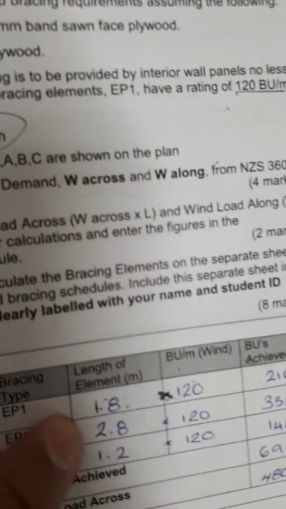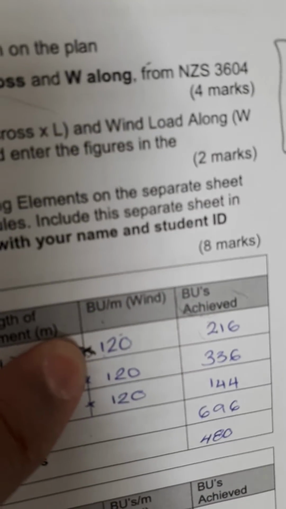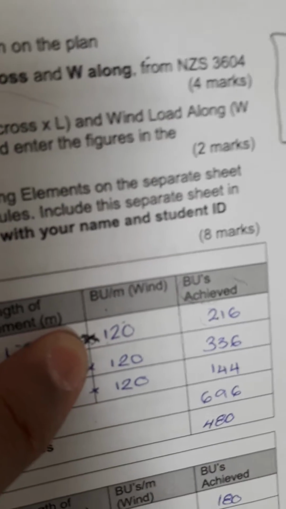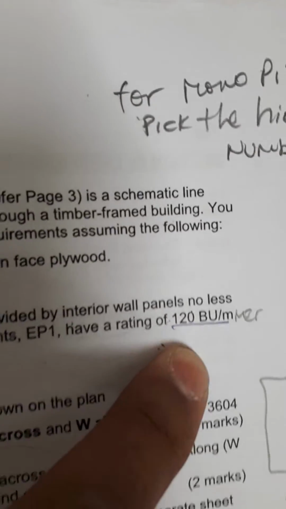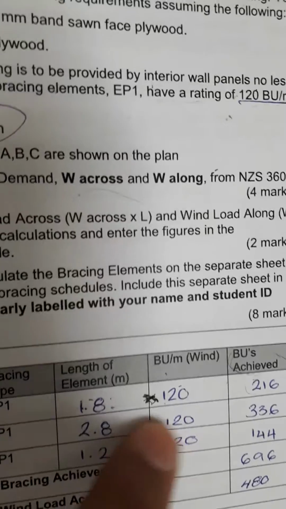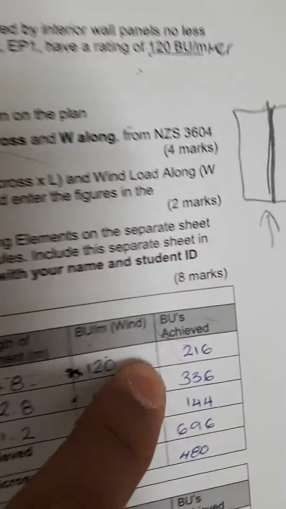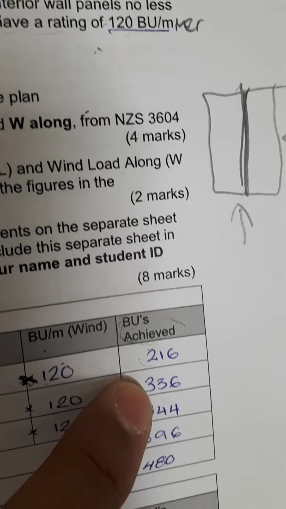We have to put that on there, and then the bracing units per meter is 120, which has already been advised on the previous question, and the multiplication of those two numbers will give us the bracing units achieved.